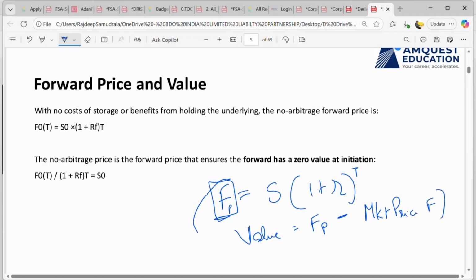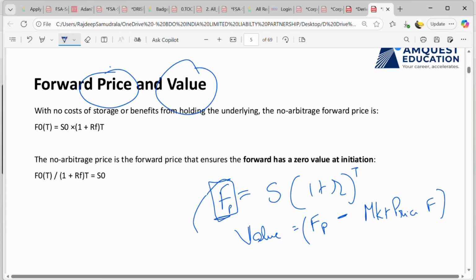So if the forward's market price is maybe 100 and you realize the value should be only 98, then 2 is the value of the contract. Got it? So it is the market price minus the theoretical price. So forward price is what you learned through the no arbitrage formula, and value is the difference between this price and the market.